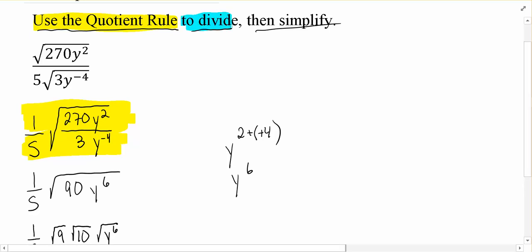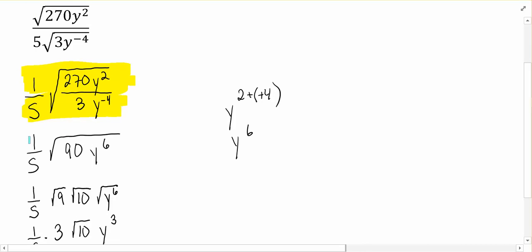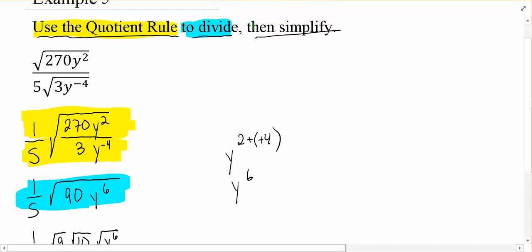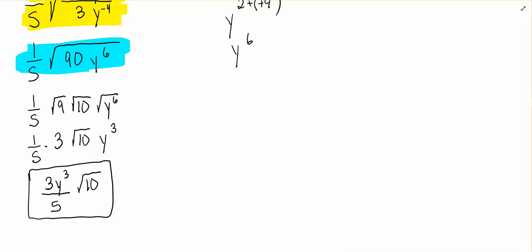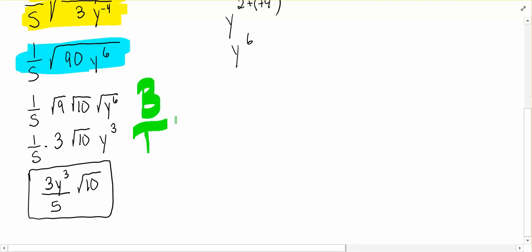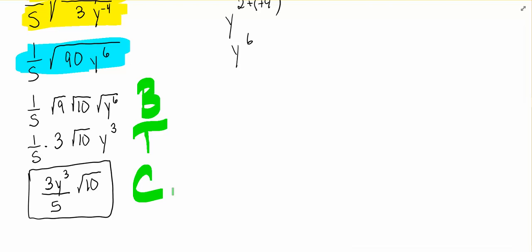Our next step, to divide, we divided 270 by 3 and y squared by y to the negative 4th. The last piece of the directions said simplify, so we broke it up, take the radical, clean it up. Those 3 steps we should have memorized at this point. Break it up, take the radical, clean it up, and we got a nice little answer.